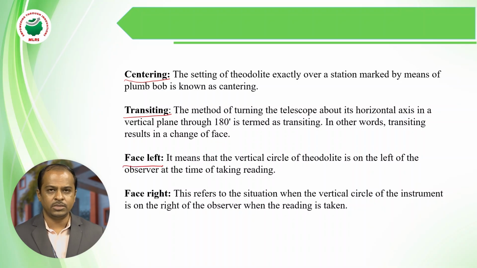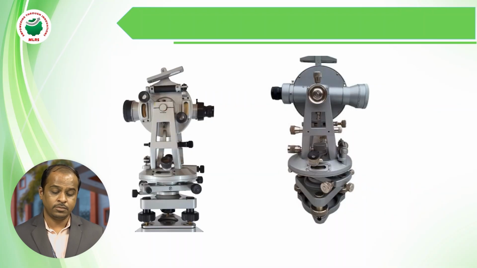Face left observation. While taking the reading, if the vertical circle is on the left side of the telescope or observer, that face we call a face left reading. If the vertical circle is on the right side of the observer while taking the reading, that reading we call a face right observation. Here I can see that this is the face left observation.